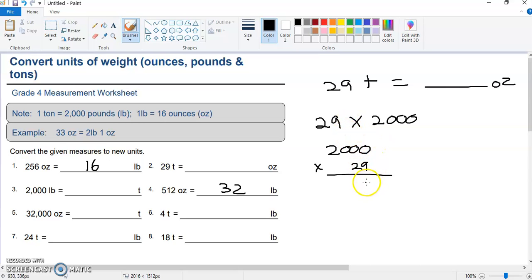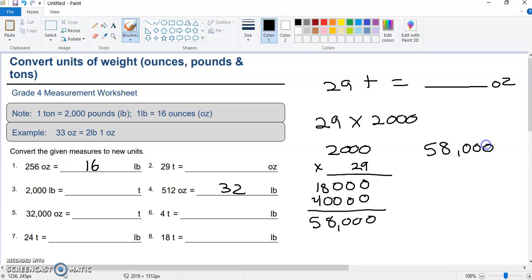So let's see, that's 0, 0, 0, that's 18. And bring down the 0, that's 0, 0, 0. And that's 4. That looks like 58 with 3 zeros. It looks like 58,000 pounds. So 29 tons is 58,000 pounds because it's 2,000 pounds per ton.